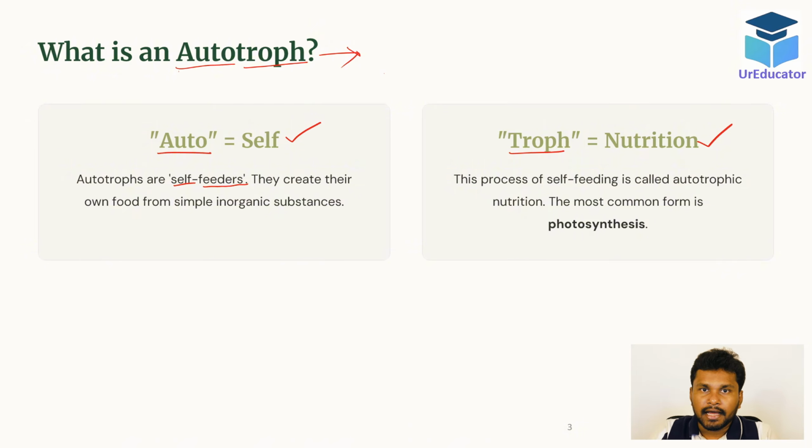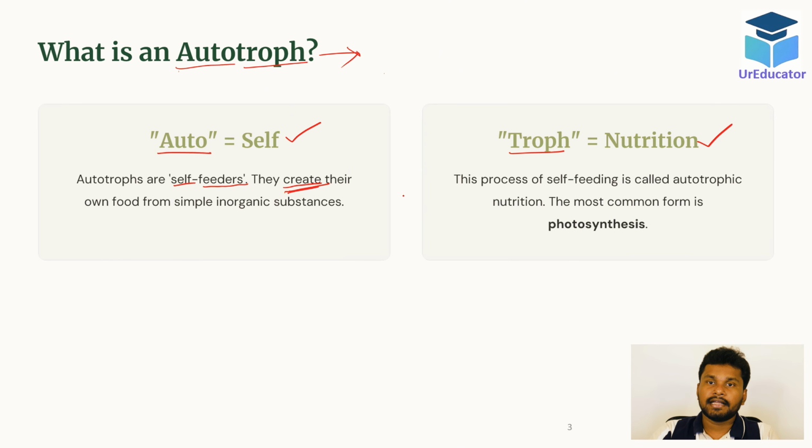That means unlike you and me, they won't go anywhere to get their raw materials for the food. They will use some raw materials and prepare the food on their own. They are not depending upon any animal or any plant. They are making food on their own.